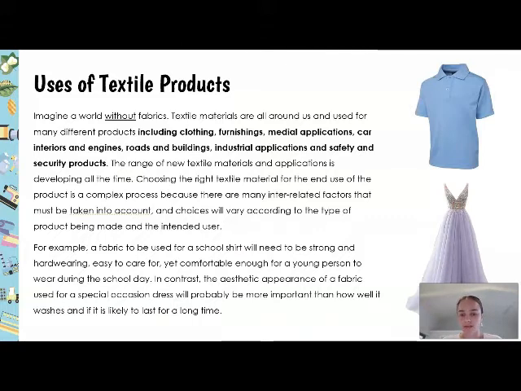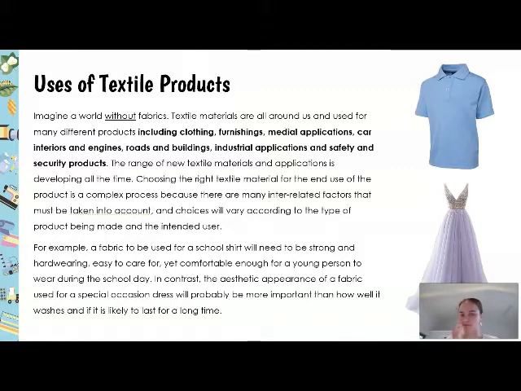Choosing the right textile material for the end use of the product is a complex process because there are so many interrelated factors that must be taken into account, and choices will vary according to the type of product being made and the intended user.